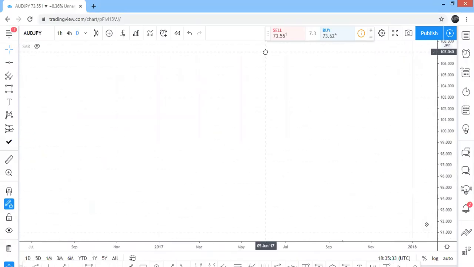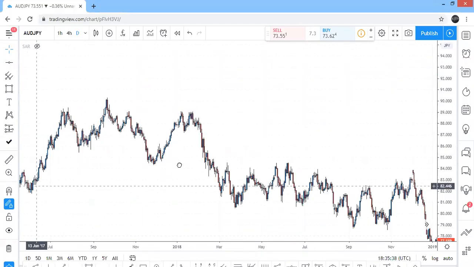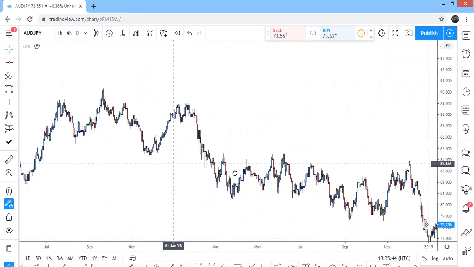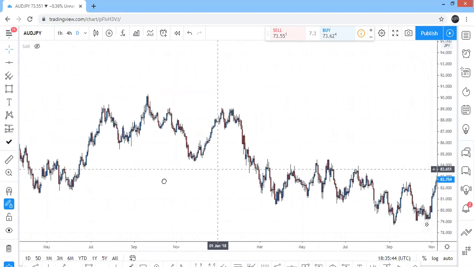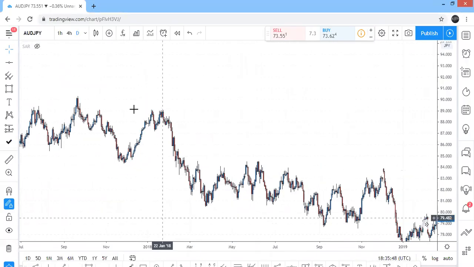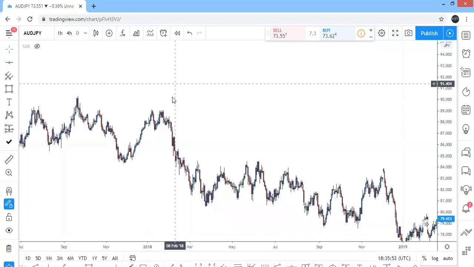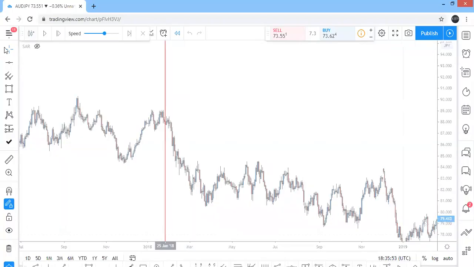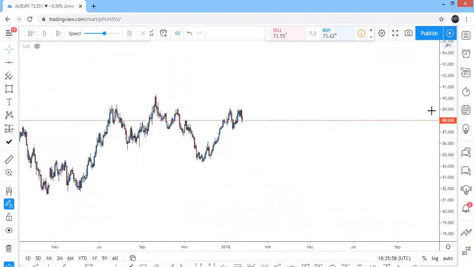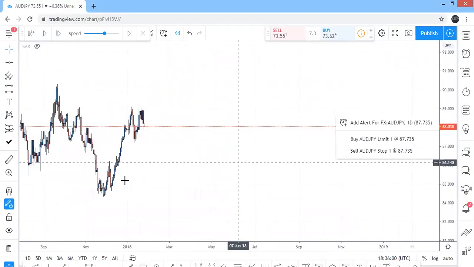So just to show you how powerful the rectangle can be, you're looking at particular points in the market. So let's say, for example, because hindsight is a funny thing, let's say we're going to look at the most recent range that has formed.